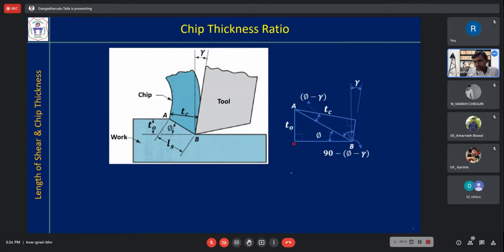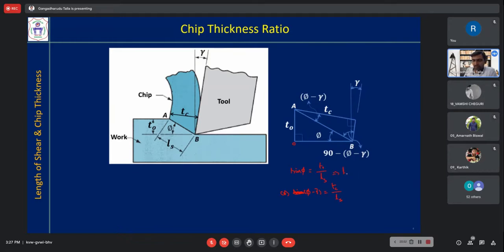If I take sine phi, it is T0 by LS. Similarly, instead I will take cos of phi minus gamma, that is TC by LS.